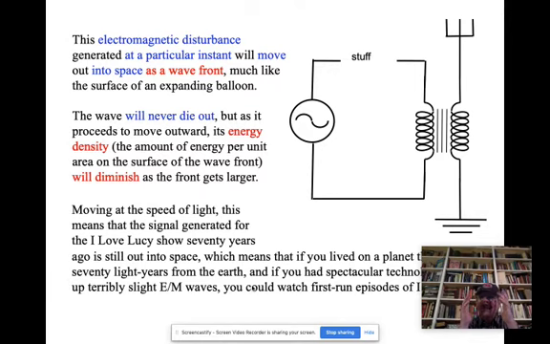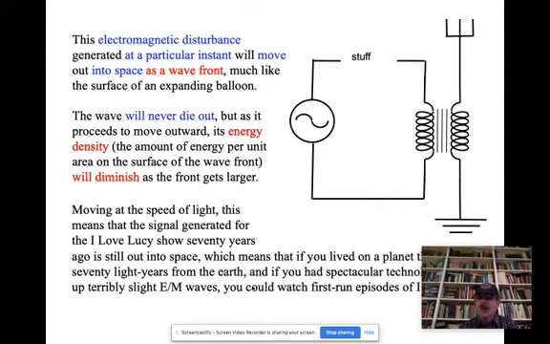So this electromagnetic disturbance, that's generated at a given instant and has flipped off, will end up leaving as a wavefront. It will have a certain amount of energy per unit area associated with the wavefront. And as the wavefront gets bigger, that energy density will diminish. The wave will never die out, though, but the energy density diminishes with time.